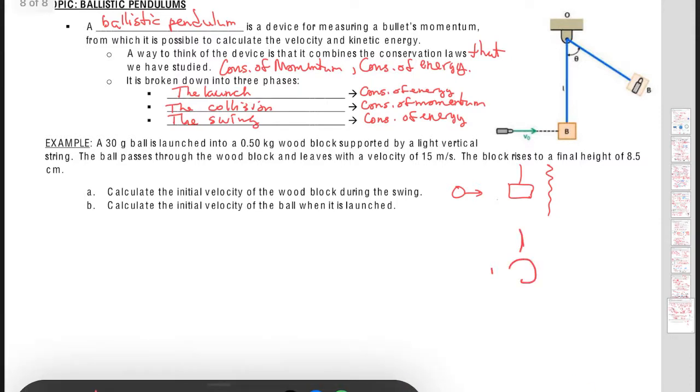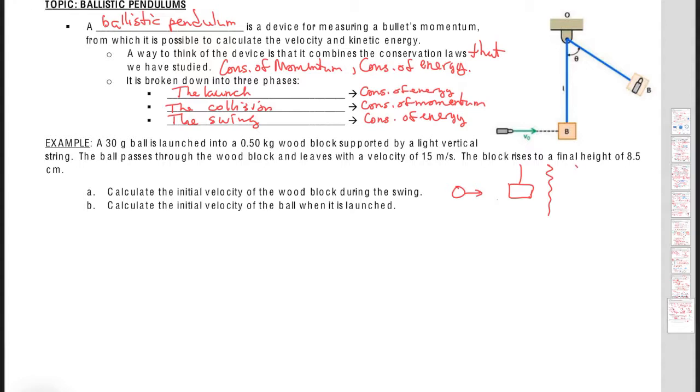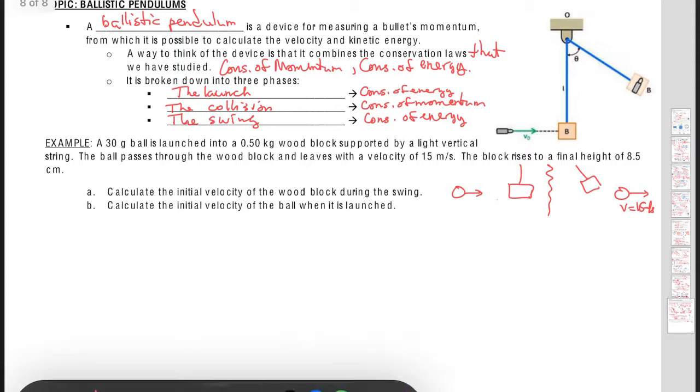Afterwards, the block is going to swing, and the ball is going to be traveling at a velocity of 15 meters per second. I know that looks like 18, but I assure you it is 15 meters per second.